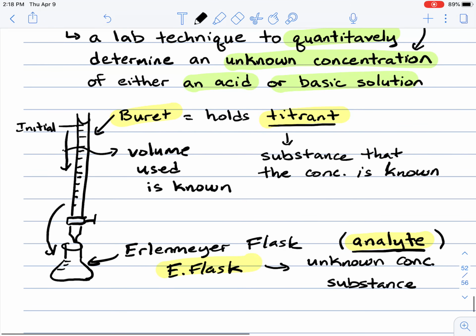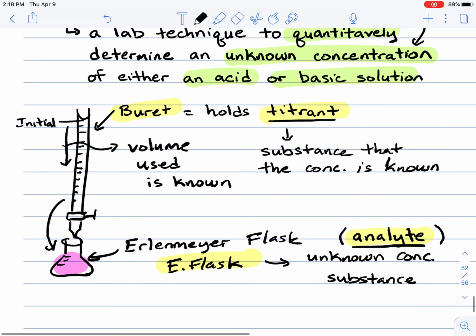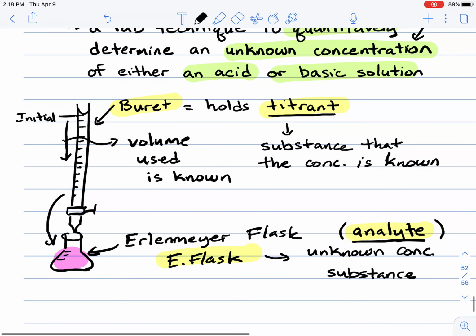When you are performing these titrations, you are going to add the volume of the titrant drop by drop. You are going to keep on adding them drop by drop until you see a change in color. We'll talk about that change in color more heavily later in this lecture.